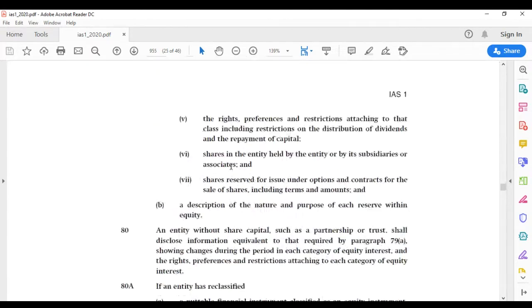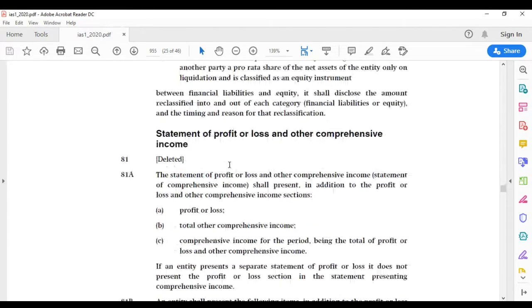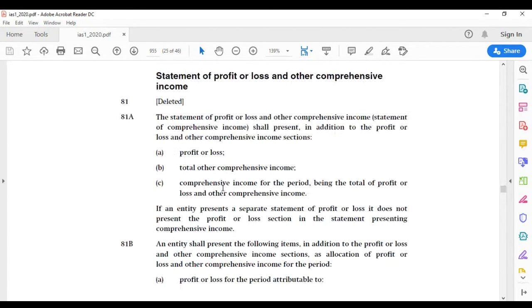I think that is all that I wanted to mention with regards to the statement of financial position. Now that we have got all that information, next week we're going to draw up a statement of financial position as well as all these other financial statements, but now in terms of IAS 1.